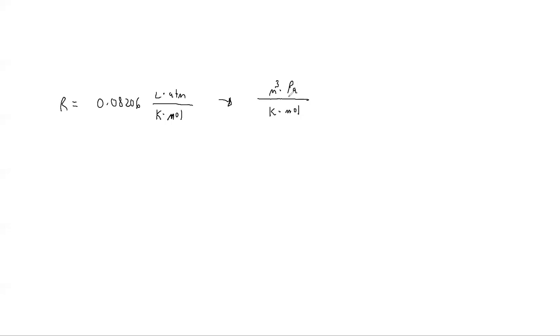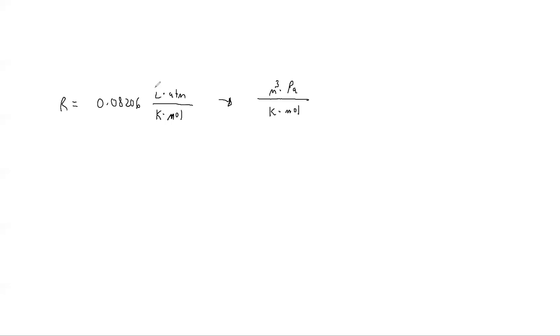Well, let's look at what we're starting with and what we're ending with and try to find what's changing. I'm keeping Kelvin and mole in the denominator in both of them, so it looks like we're not changing that. But it does look like we're changing the units of the numerator, right? So let's take a closer look at those units.